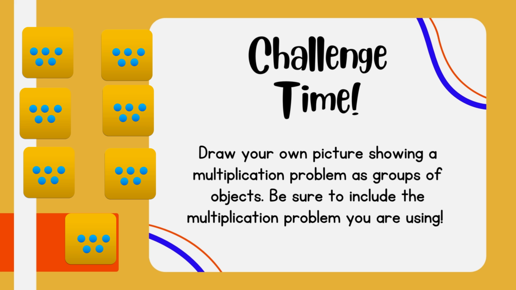And then if we were to solve this, we have to count 1, 2, 3, 4, 5, 6, 7, 8, 9, 10, and so on up to 35. So, therefore, 7 times 5 is equivalent to 35.